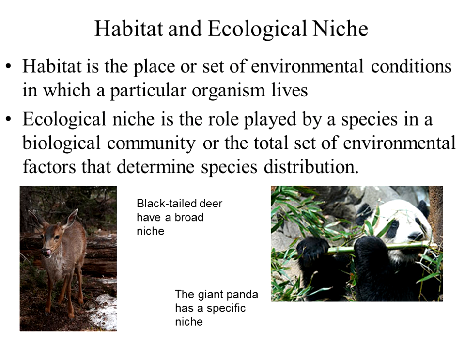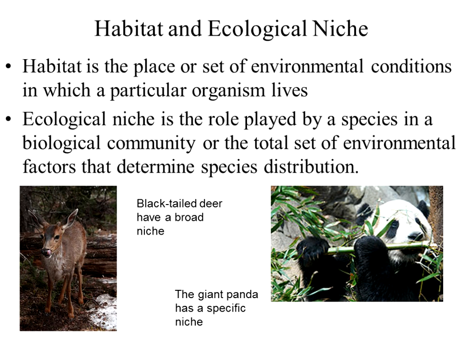So the way this plays out, let's look at habitat and the concept of ecological niche. Habitat describes the place or set of environmental conditions in which a particular organism lives. A more functional term from an ecological point of view is the ecological niche, which describes either the role played by a species in a biological community or the total set of environmental factors that determine how a species is distributed. So let's look at two species here in this slide.